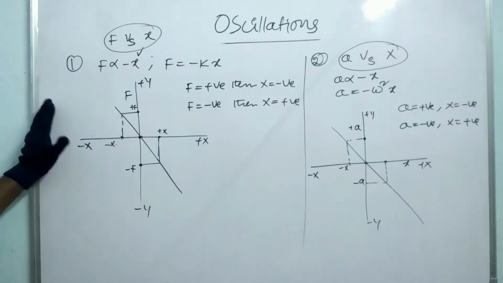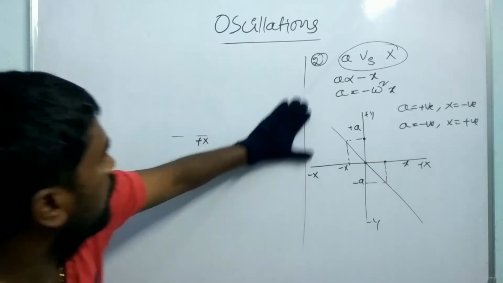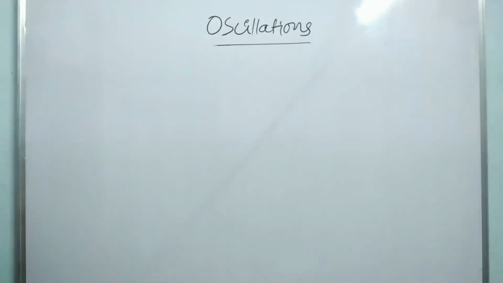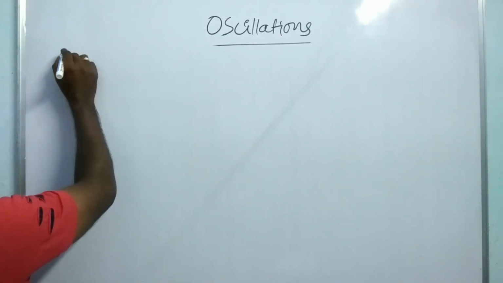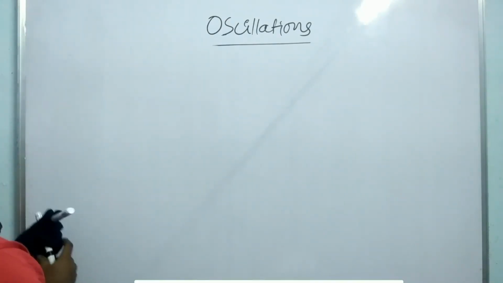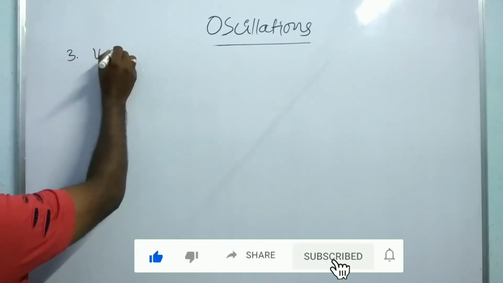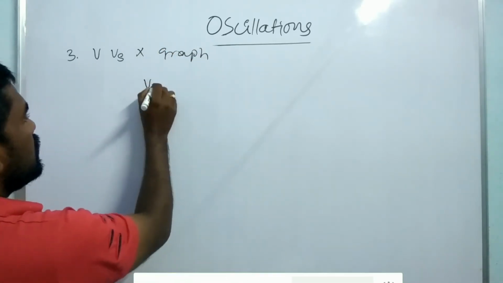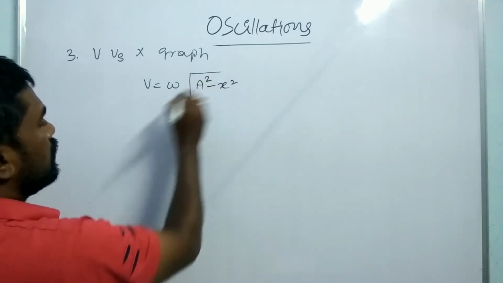Let us see the velocity versus displacement, the V versus X graph. The third one is V versus X. V is equal to omega into the square root of A square minus X square.